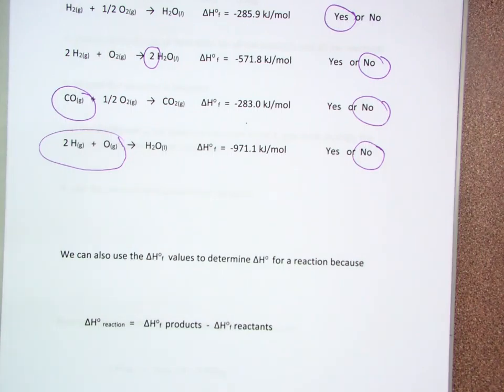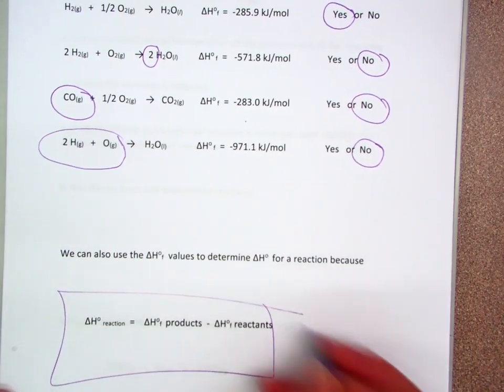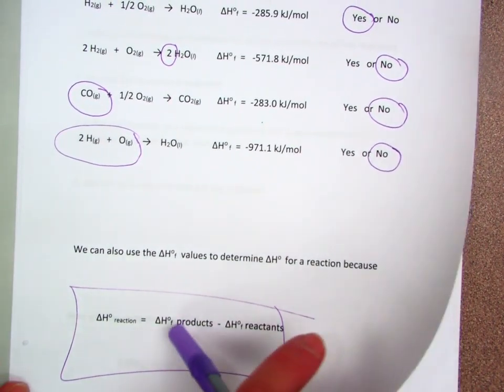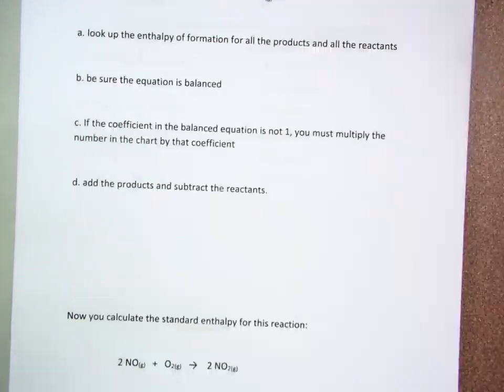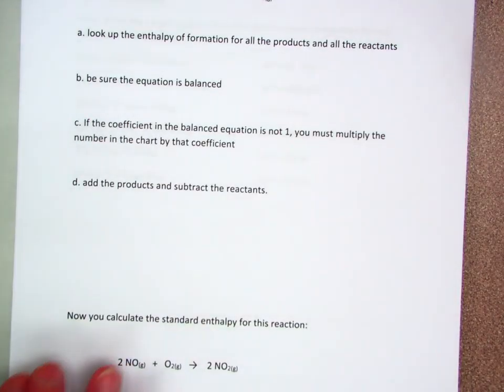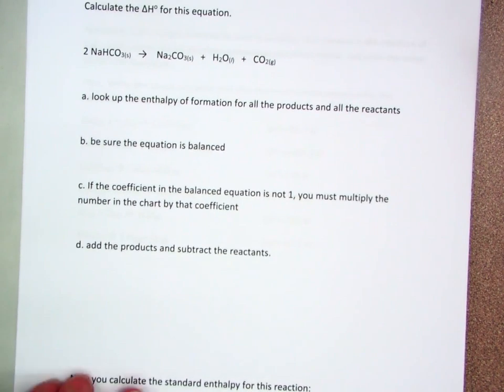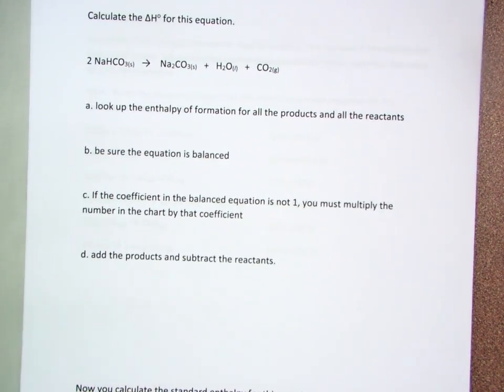We know that anytime we have a change, it's final minus initial. So for us in chemistry, a change in enthalpy is the enthalpy of formation of products minus the enthalpy of formation of the reactants. So we'll look at a problem where we are calculating the standard enthalpy change using tabulated data.